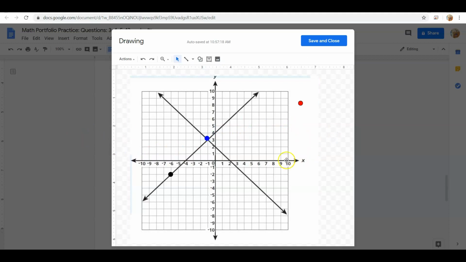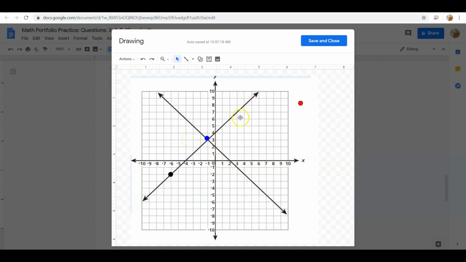Now, is this a solution to this equation, the one that my cursor is following? It is because it's on the line. So let's look at the other line. Is this blue dot now a solution to this equation that my cursor is following? The answer is yes, because for a coordinate to be a solution to multiple equations, or a system of equations, it needs to be at a point where the lines are touching, crossing, or intersecting.